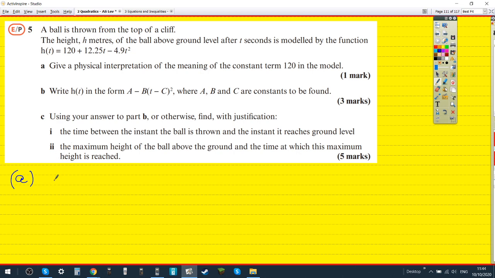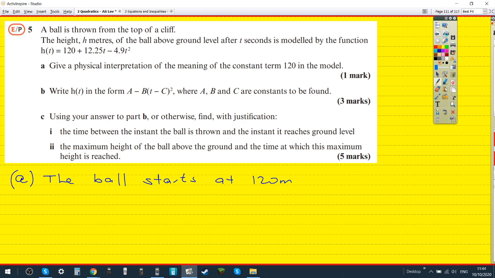The height of the ball when it's not thrown yet. Yes. So that's like the starting height. Okay, B. So would B be minus 4.9 as A?